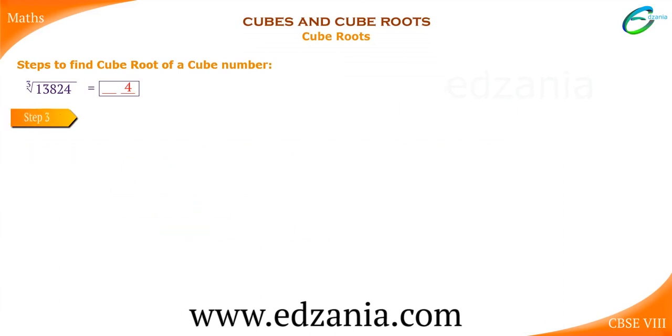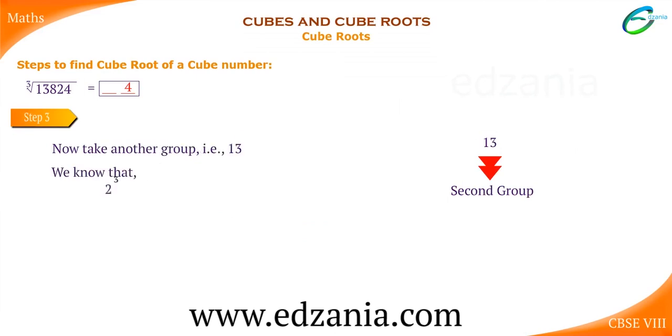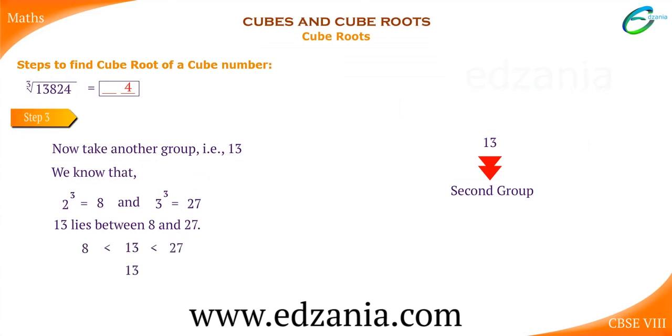Step 3. Now take another group, that is 13. We know that 2 cube is equal to 8 and 3 cube is equal to 27. 13 lies between 8 and 27. So 13 is greater than 8 and lesser than 27, which means 13 is greater than 2 cube and lesser than 3 cube.